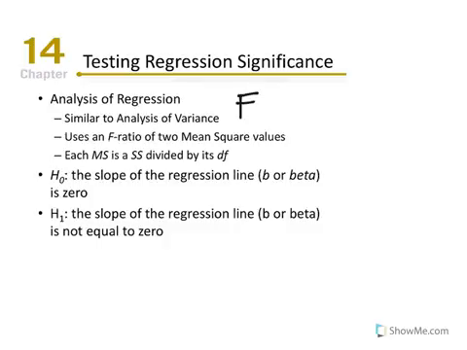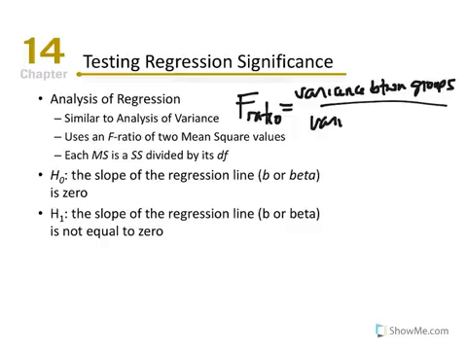In Chapter 12, we looked at an F ratio that assessed the variance between groups over the variance within groups. So variance within groups is explained by random unsystematic factors, variance between is explained by unsystematic factors in addition to treatment effect. And we're going to do a similar analysis using an F ratio.